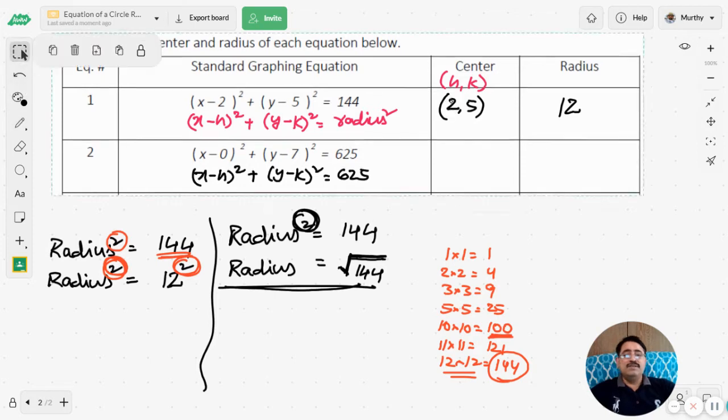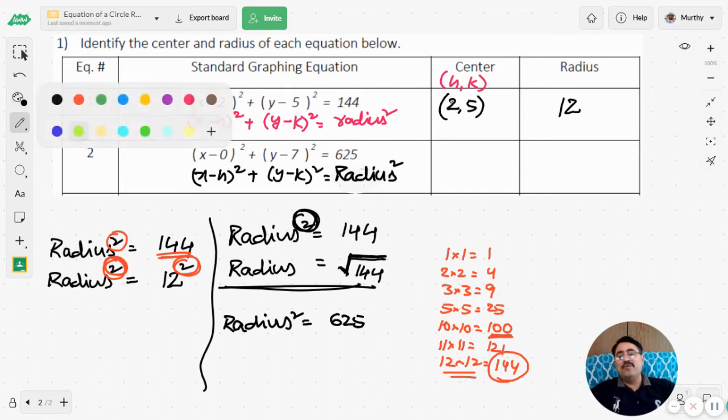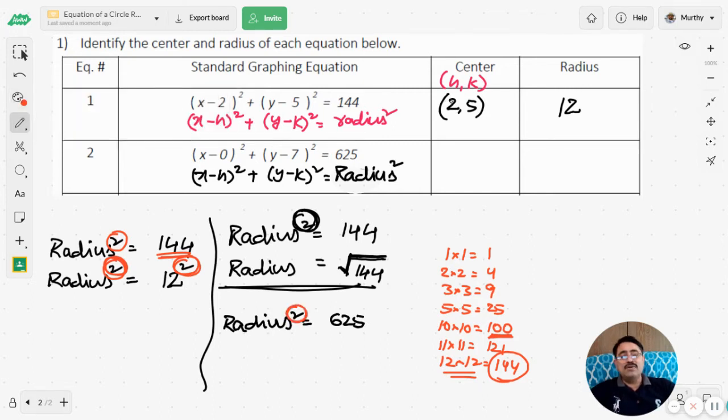My bad, I'm supposed to write here as radius square. So radius square equals 625. As I mentioned before, if you cancel out the square on one side, the inverse operation is square root.